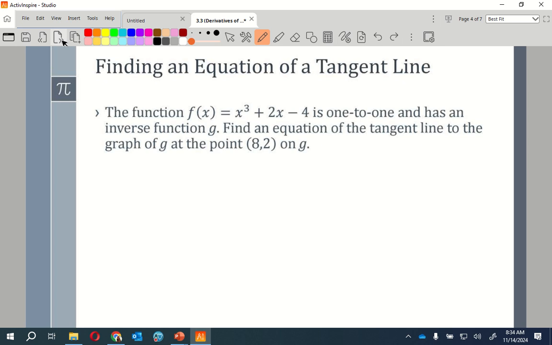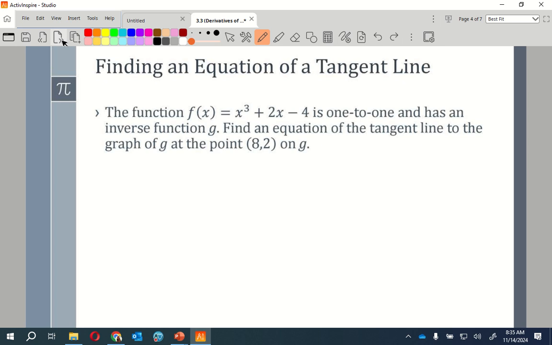This next one, find the equation of the tangent line. The function f of x is equal to x cubed plus 2x minus 4 is 1-to-1. That means it has an inverse function g.